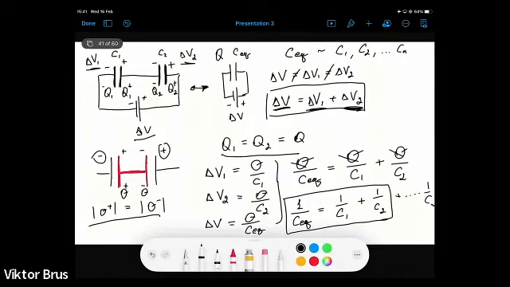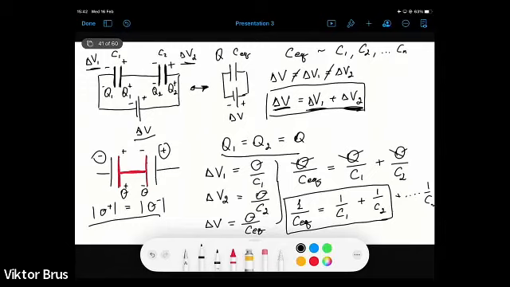So that you should remember, because later we will have the relationship between equivalent resistance of resistors connected in series and in parallel. And that will be in contrast to the final equations of equivalent capacitors. So please remember this so you don't mess it up in the future.